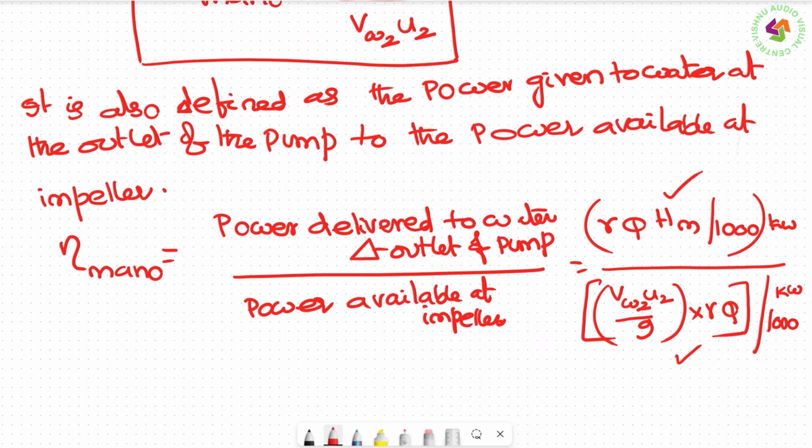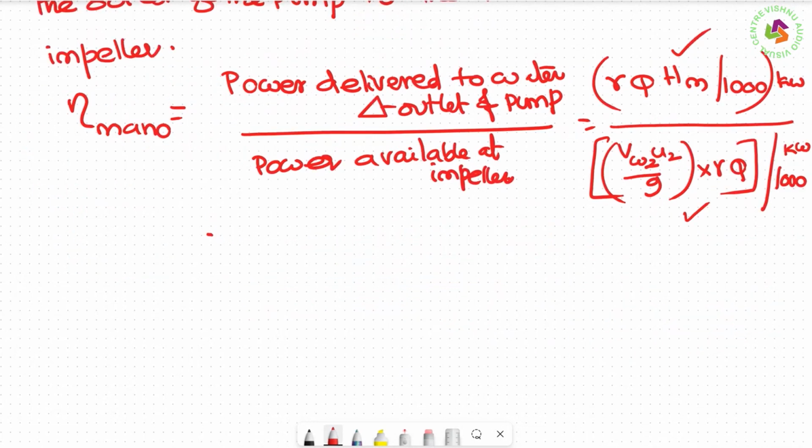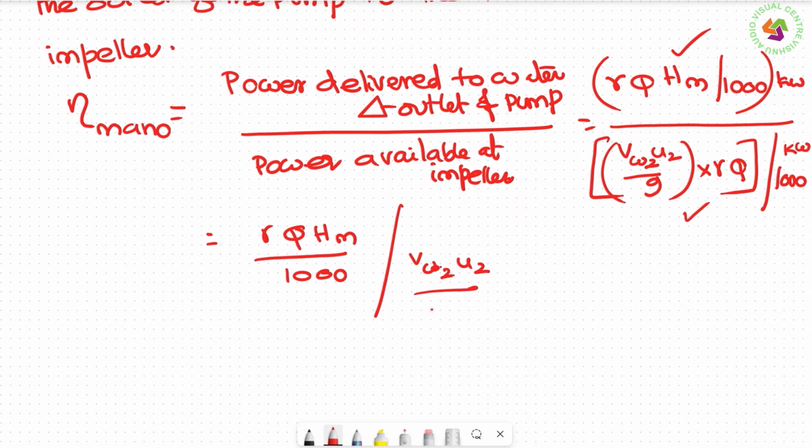So you want me to try it also? I will show you. It is equal to gamma Q into Hm divided by 1000, divided by Vw2 U2 by g into gamma Q divided by 1000.